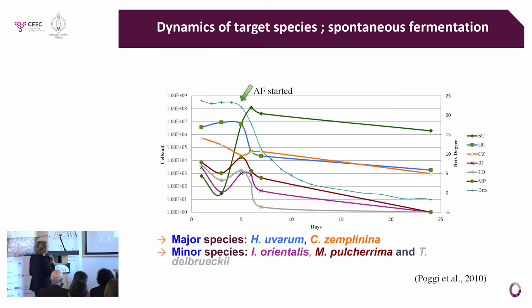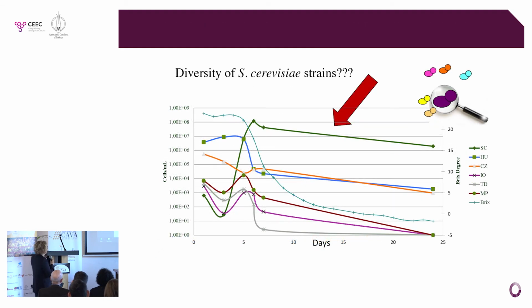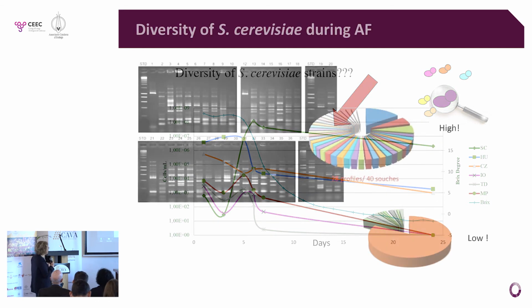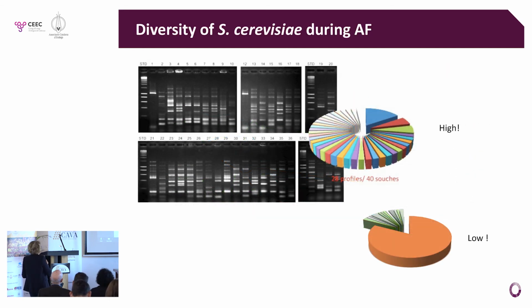Of course, one question could be, what is the diversity of Saccharomyces cerevisiae strains that conduct the alcoholic fermentation? For that, we can sample the fermented grape juice at mid-fermentation, and then in the lab we isolate some colonies. What can we obtain? In that case, we obtain a very high genetic diversity of the colonies, by using PCR molecular tools to obtain genetic fingerprints.